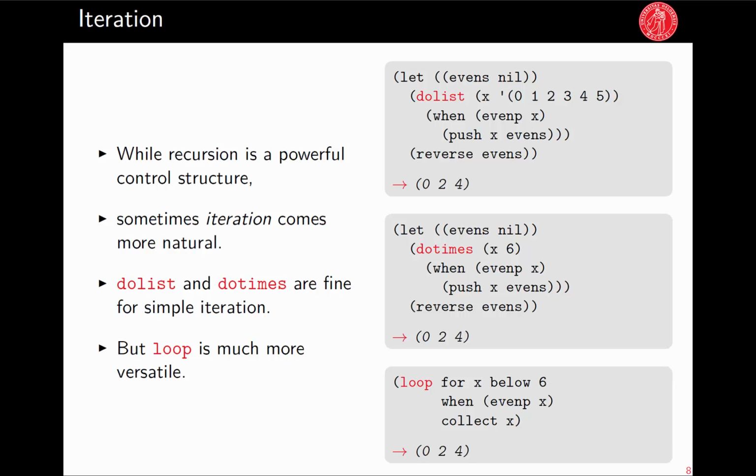So loop is a macro that was designed for expressing iteration in a way that is as close as possible to natural language. You can almost just read out the code aloud, and it almost sounds like a sentence, right? It sounds like a statement about what the loop is supposed to do. And it has all these specialized syntactic keywords like for and below and when and collect. So in many ways, loop can be viewed as almost a mini language, a sub-language within Lisp for expressing iteration.